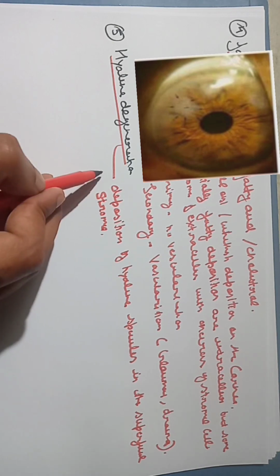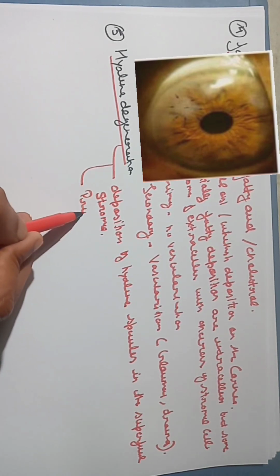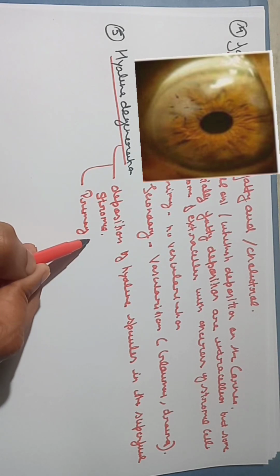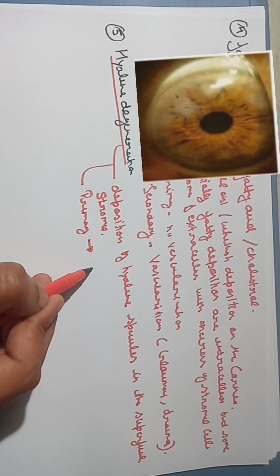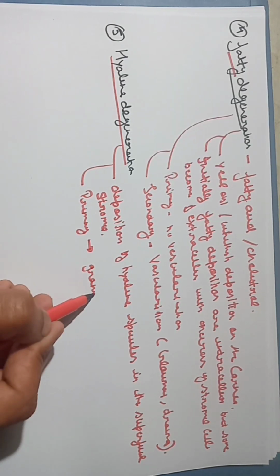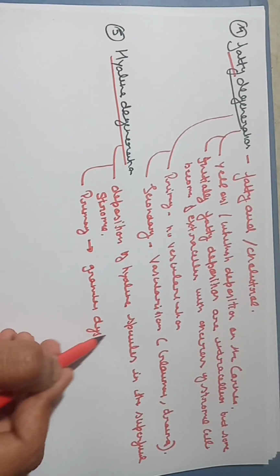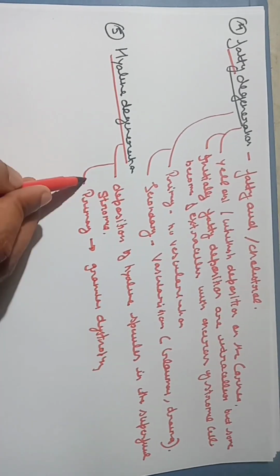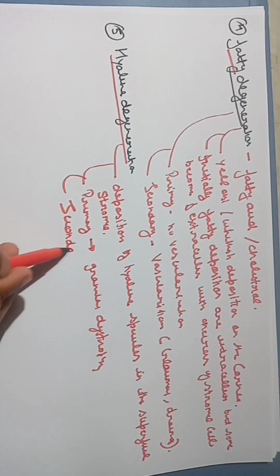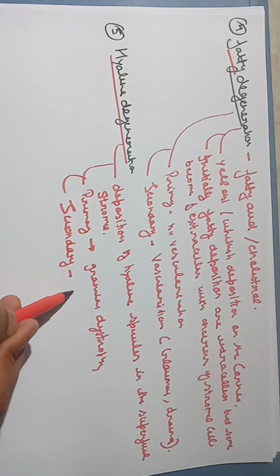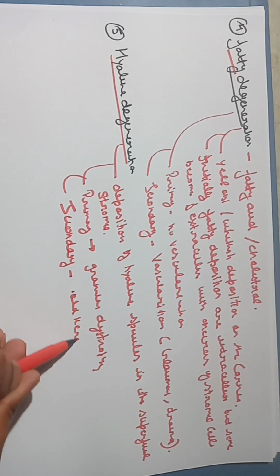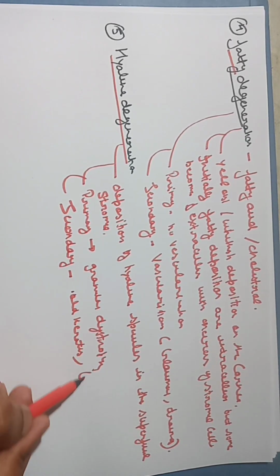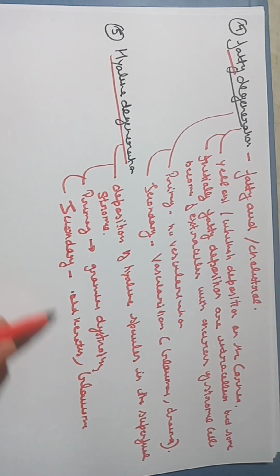It is primarily associated with granular dystrophy, or secondary involvement due to long-standing keratitis and inflammation of the cornea, glaucoma, or pannus.